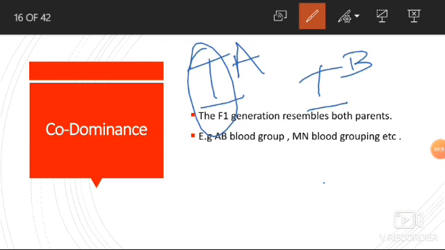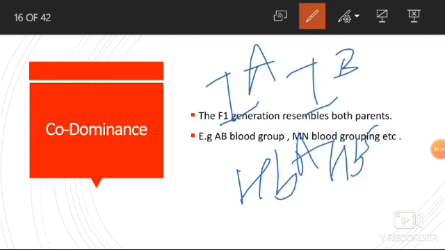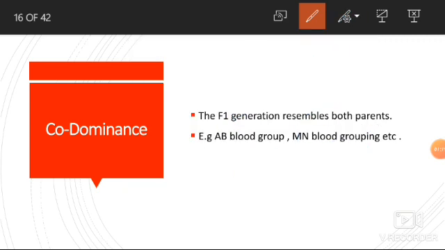This is the I gene, and A and B alleles are written in superscript. Examples of codominance are AB blood group, MN blood grouping, coat color in short horned cattle, sickle cell hemoglobin, etc.